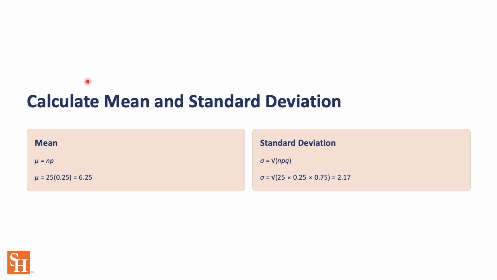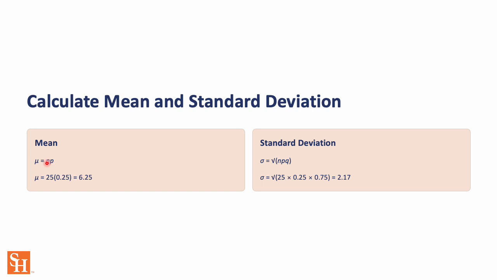To use normal approximation, we need to first find the mean and standard deviation. For the binomial distribution, this is the formula that we have learned, right? For the mean we use NP, and for standard deviation we use the square root of NPQ.